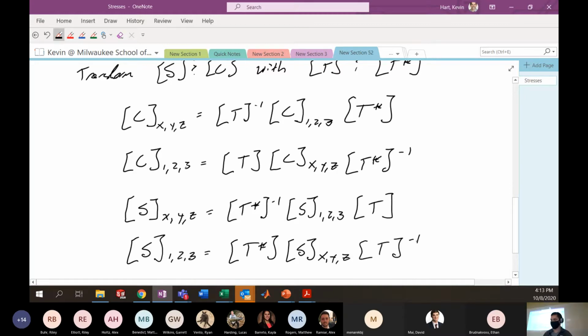And these are all the relationships that I can have, transforming stresses and strains in between coordinate systems, relating stresses to strains to each other with stiffness and compliance matrices, and also transforming stiffness and compliance matrices. That's a lot of math.